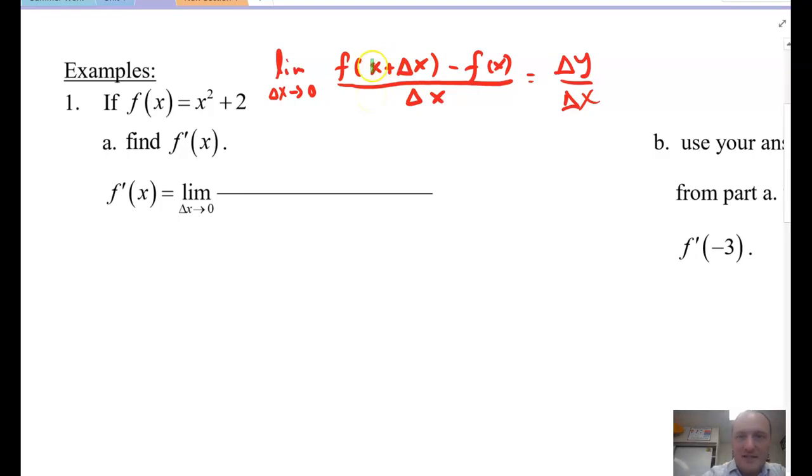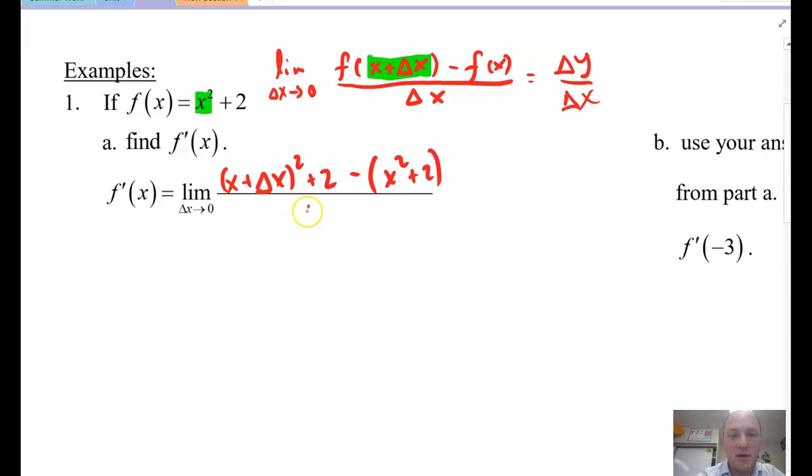Wherever I see my x value, I plug that in, and this is what we get: x plus delta x quantity squared plus 2, minus f of x. When I drop in f of x, I'm going to use parentheses. You've got to protect that because you're going to have to distribute that negative.